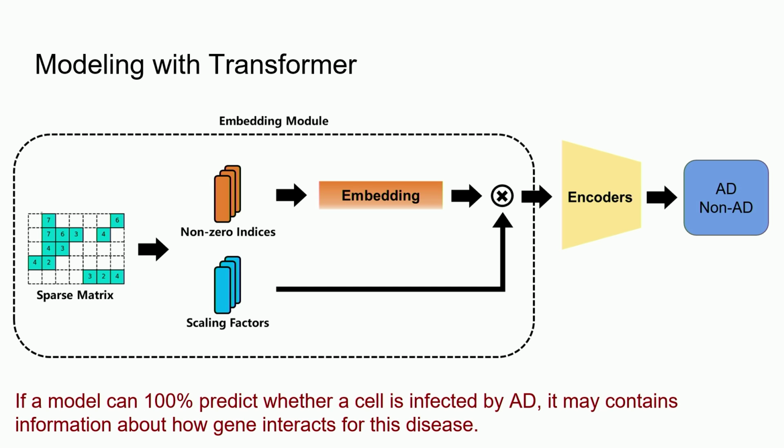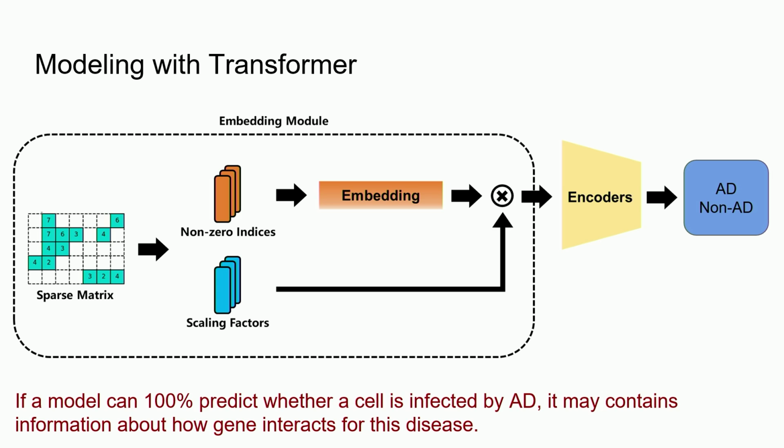The strong intuition of our methodology is this: suppose I have a perfect model, trained to successfully predict whether every cell is infected by Alzheimer's disease or not. I use gene expression as the feature and do a 100% correct job of predicting whether the cell is affected by AD or non-AD.